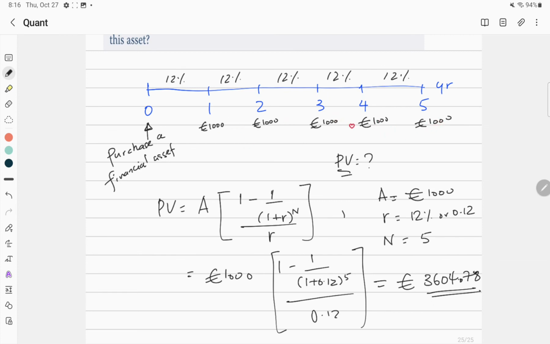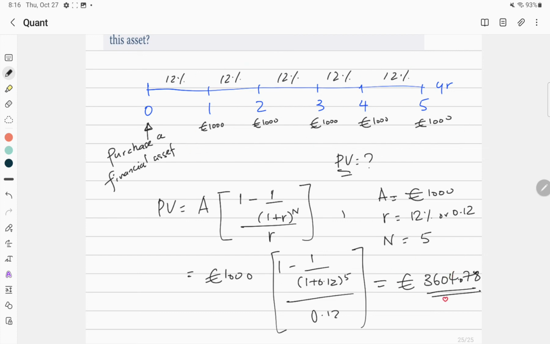In 5 years, you collected about 5,000 euros, but you only paid about 3,600 euros at the present time. How come you have 5,000 euros at the end of the 5th year? Because of the interest rate.